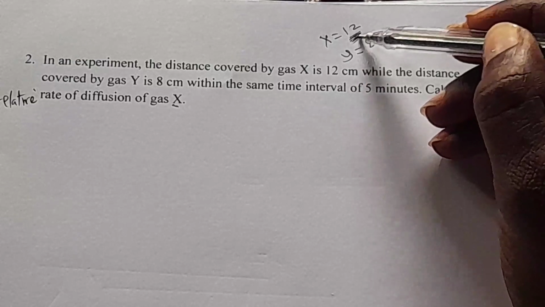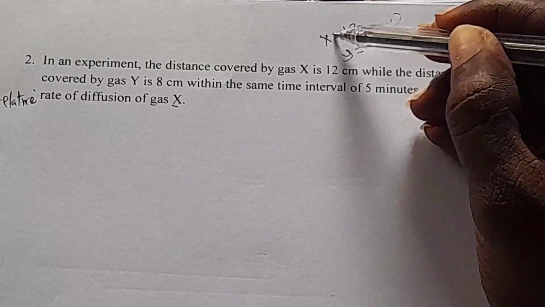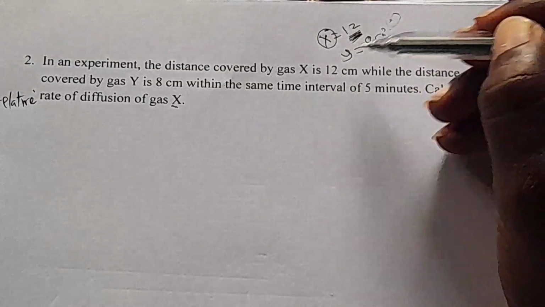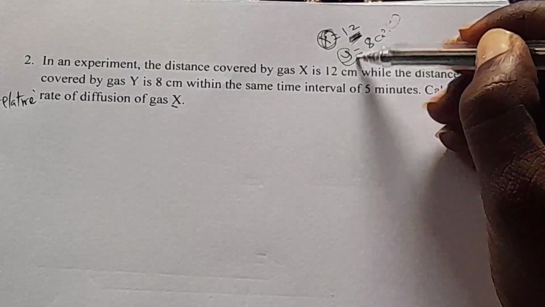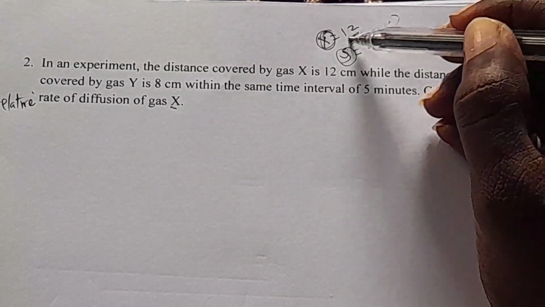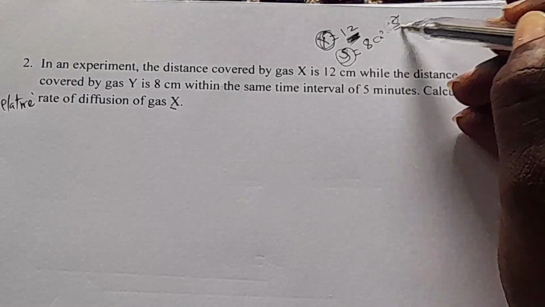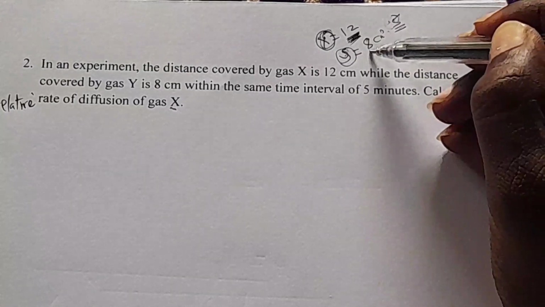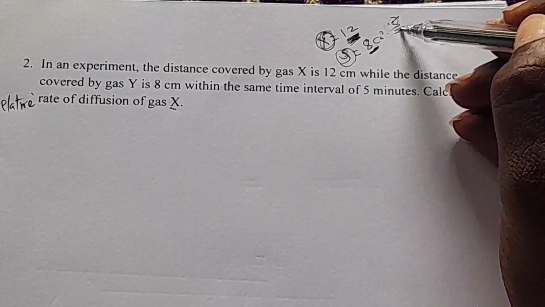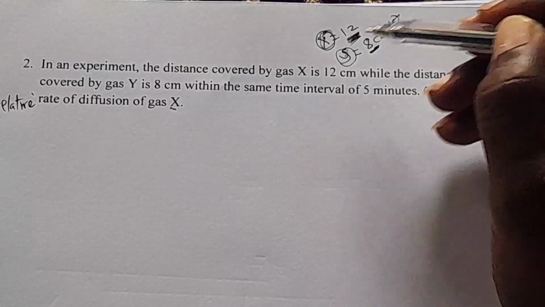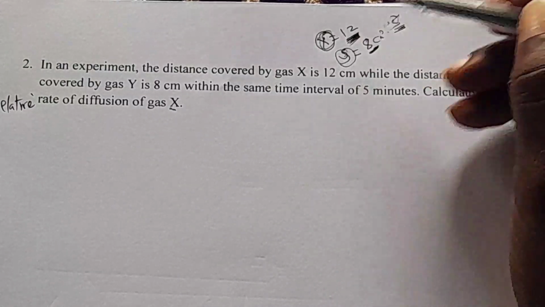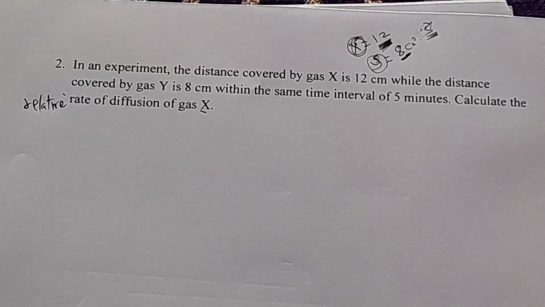That means X, 12 centimeter in 5 minutes, is faster than Y, which covers 8 centimeter in the same 5 minutes. So here we can see gas X is the one that diffuses faster.